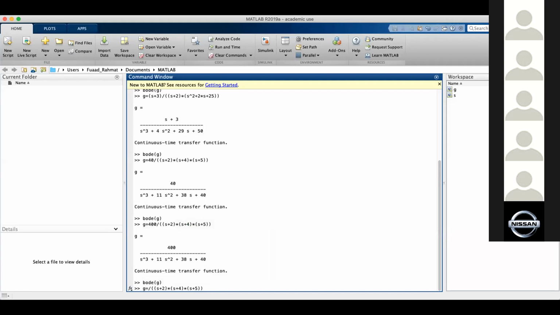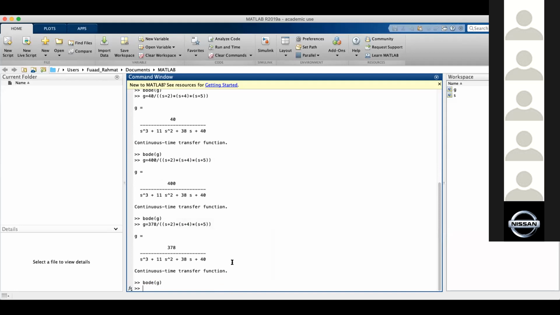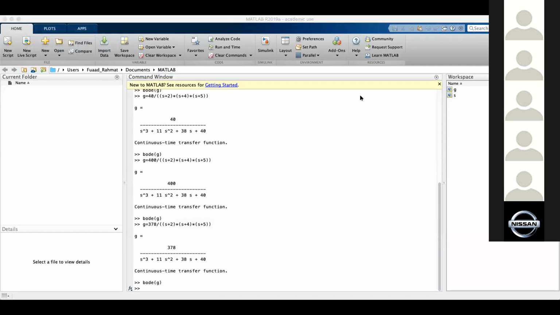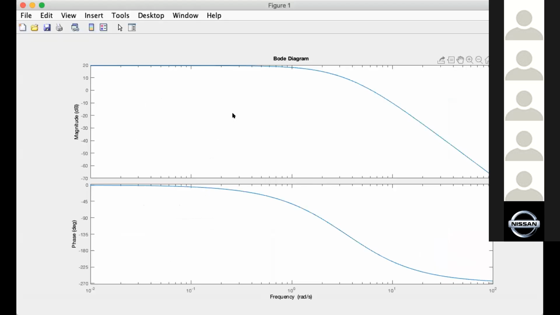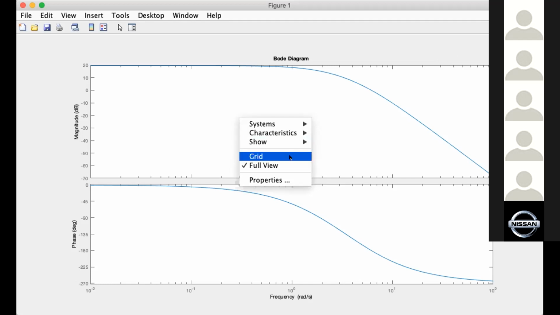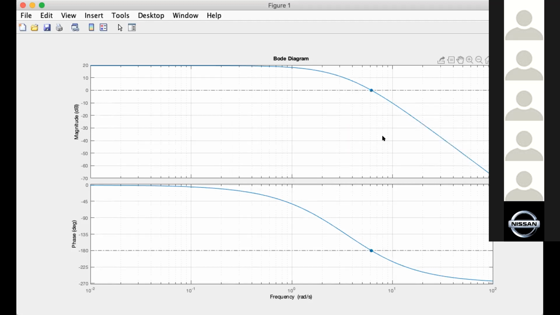Then bode G. Okay. And we find the stability margins. See, what is the value of the gain margin?